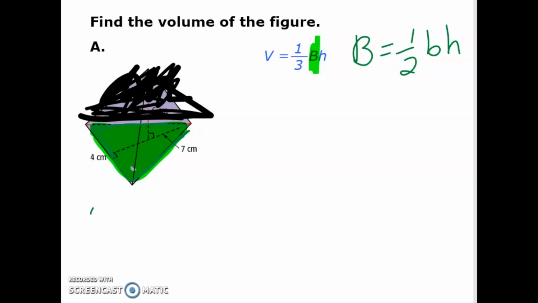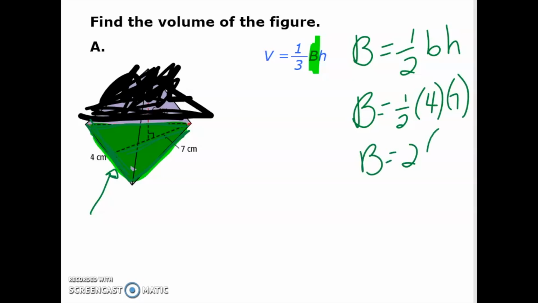When I'm looking at a triangle, again, I'm looking for the right angle in the triangle, which I have right here. That tells me the base of my triangle is 4 and the height of my triangle is 7. So the base area is 1/2 times 4 times 7. Half of 4 is 2, and 2 times 7 is 14.